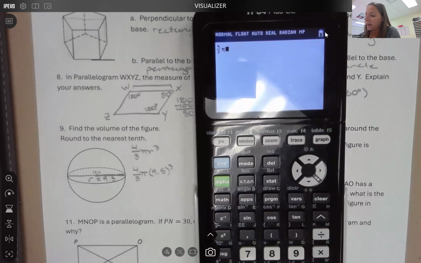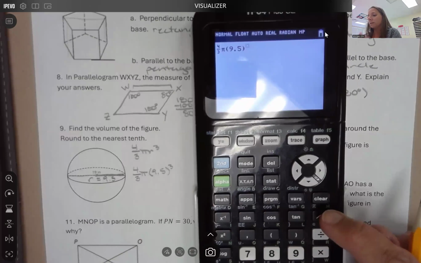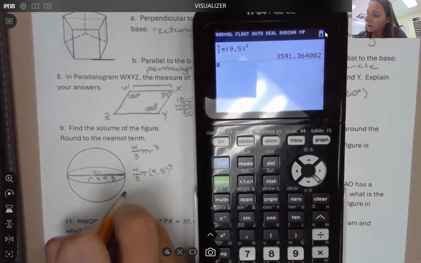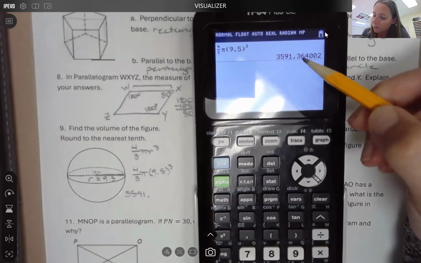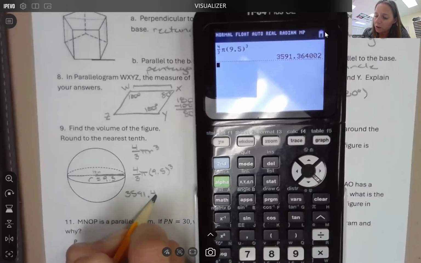And then parentheses 9.5. If you're trying to do cubed, here we don't have a cube button. You just do the caret symbol right here, and it raises it up. Then you put 3 and press enter. So this is going to be 3591 point. And because there's a 6 behind that 3, since I'm rounding to one decimal place, I'm going to raise it up to a 4. And it would be inches cubed.